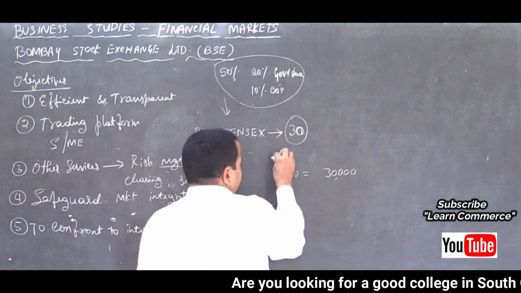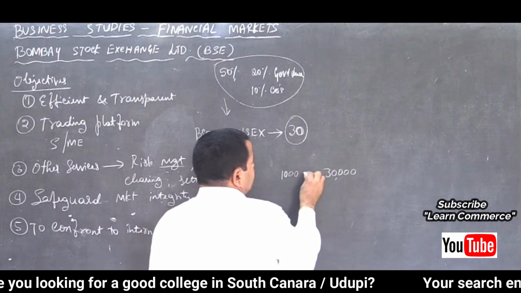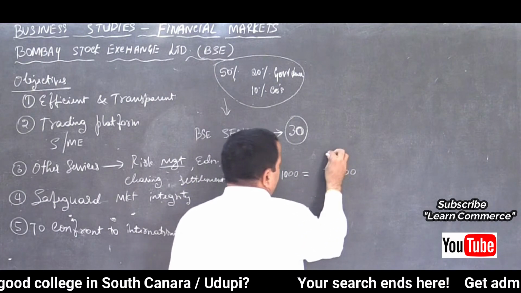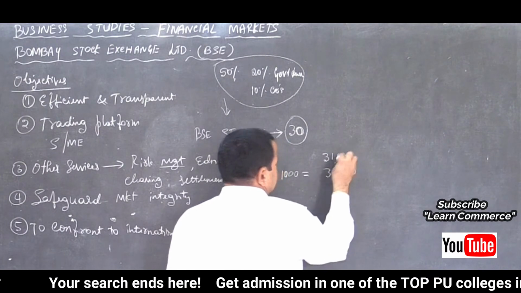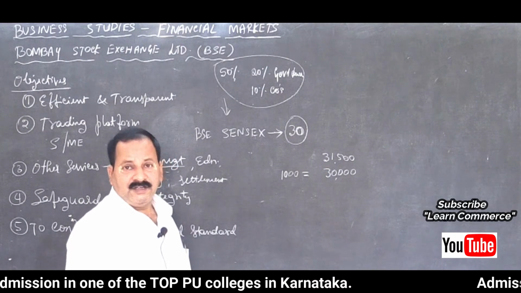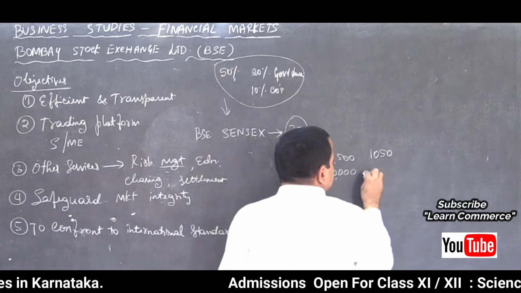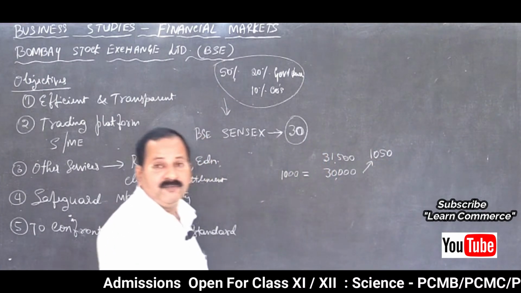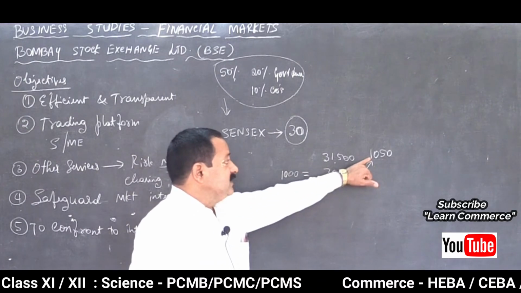If we take after maybe 1 year, or every day, those 30 companies' prices, the total of it is 31,500, suppose. Divided by 30, isn't it? So it will be 1050. This is the Sensex. There is a movement. It was 1000, now it has increased to 1050.